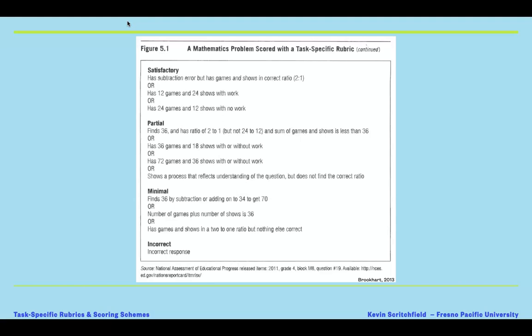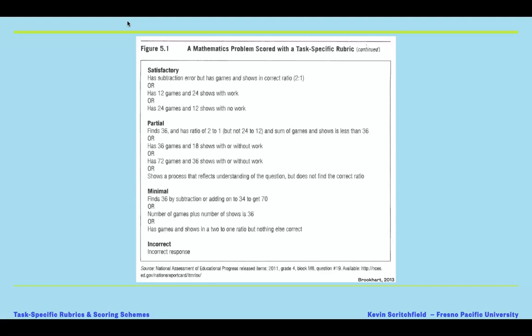It's just, again, whether you got it right or wrong, but these are the performance levels, the columns across the rubric. And you can see there are little differences in the way that the student could have solved this problem that determine how well they understood the problem and how to solve it. And so that's how this rubric is broken up.